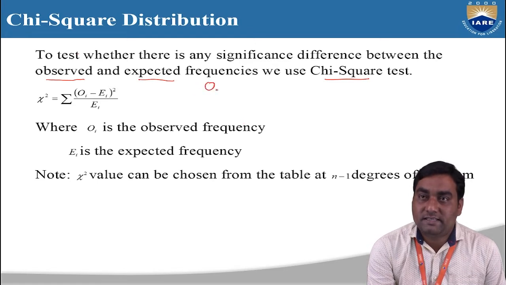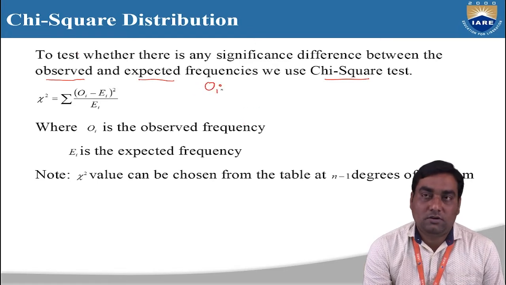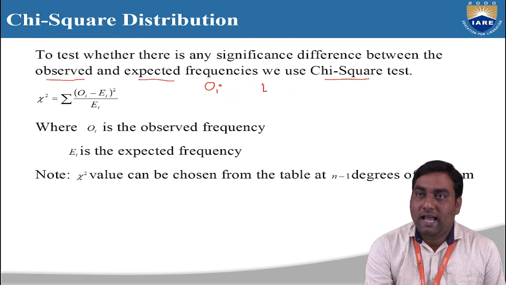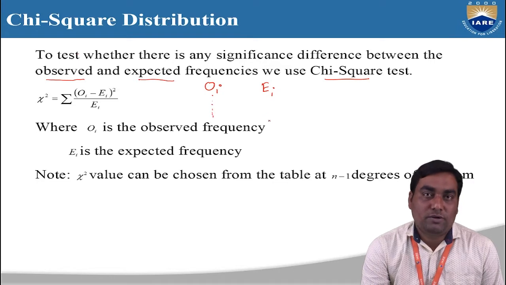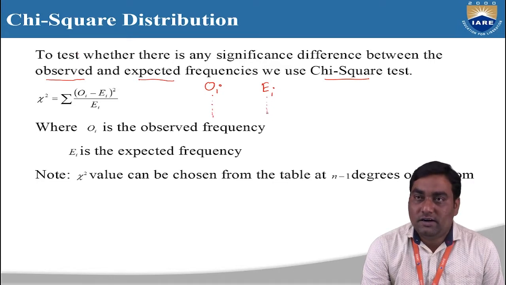Observed frequencies, the symbol is Oi: O1, O2, O3, O4 like that. Expected frequencies Ei: E1, E2, E3 like that. The observed data we take from the problem; the expected data we have to find out from the observed frequencies.